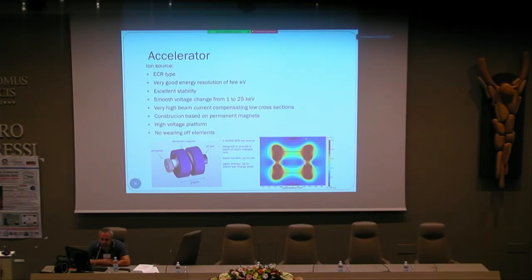But that, of course, gives us some additional problems, like temperature on the target, because it's hard to keep the stability of the temperature and to get reliable results from that. And the accelerator is built on a high voltage platform, and we have no wiring of elements outside of, for example, the pumping system.